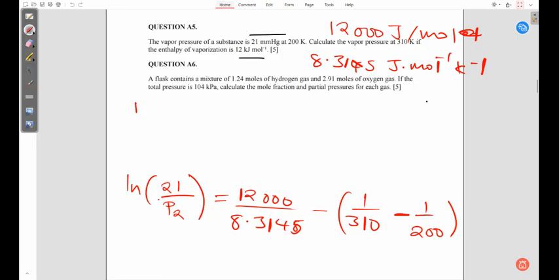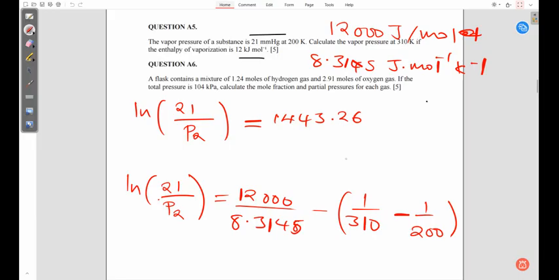I'll maintain the left. Natural log of 21 millimeters of mercury over P2 is equivalent to 12,000 divided by 8.314, which gives 1,403.26.